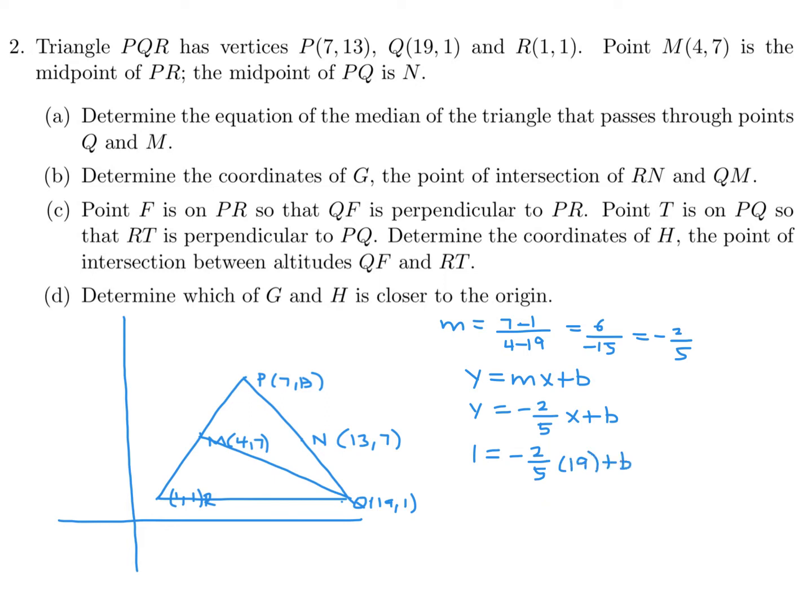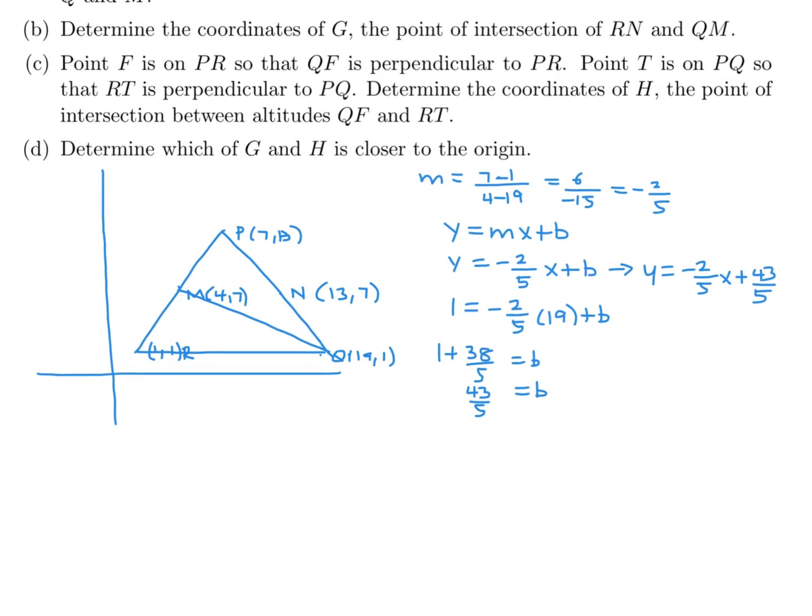So we have 1 plus 38 over 5 is b, and therefore b is 43 over 5. So that equation is y equals minus 2 over 5 x plus 43 over 5. That is part A. Okay, let's keep going here.